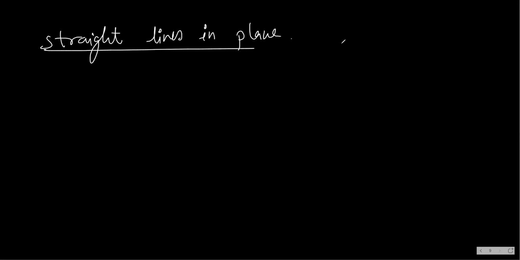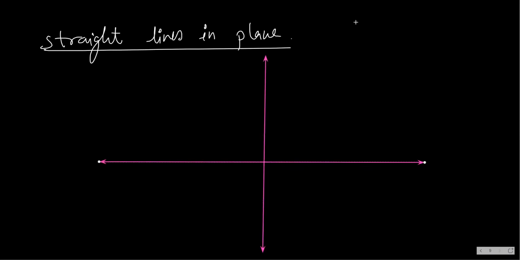Straight lines in plane, remember students, I'm not talking about straight lines in space, I'm talking about those lines which are studied on the 2D plane. That is y-axis, x-axis, this is y-axis, this is x-axis, and this is y.